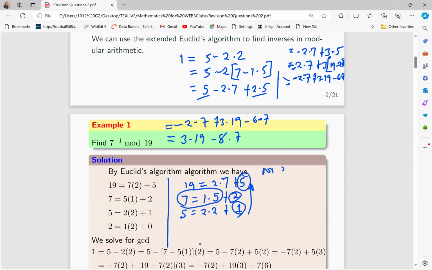What we wanted to get was the inverse of 7, and it's that element which, when multiplied by 7, gives you 1. That element is negative 8 mod 19, which is the same as 11.